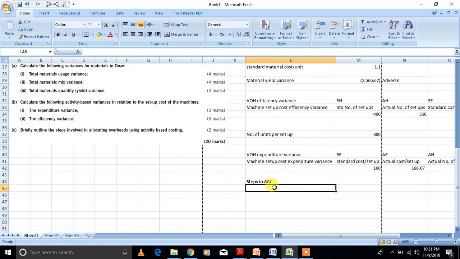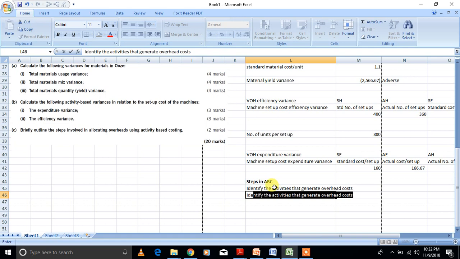First one, identify the activities that generate overhead costs. Second one, estimate the total overhead of each activity.